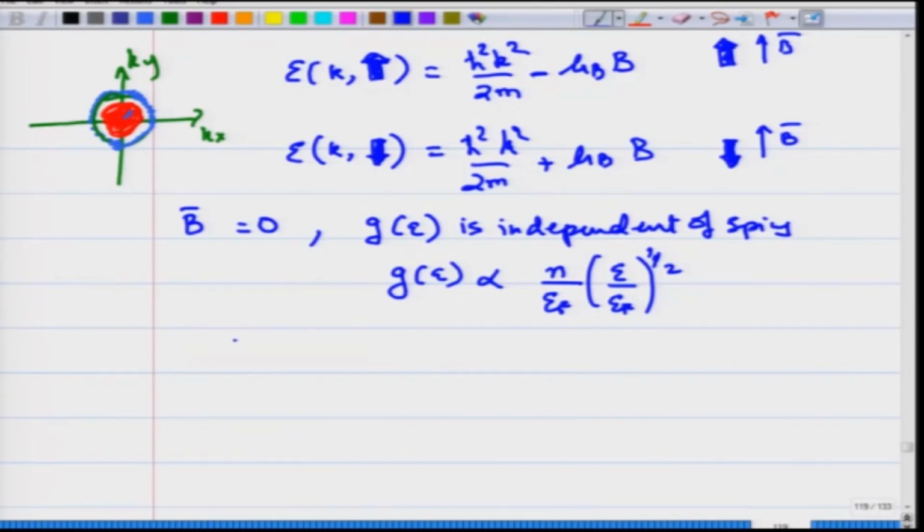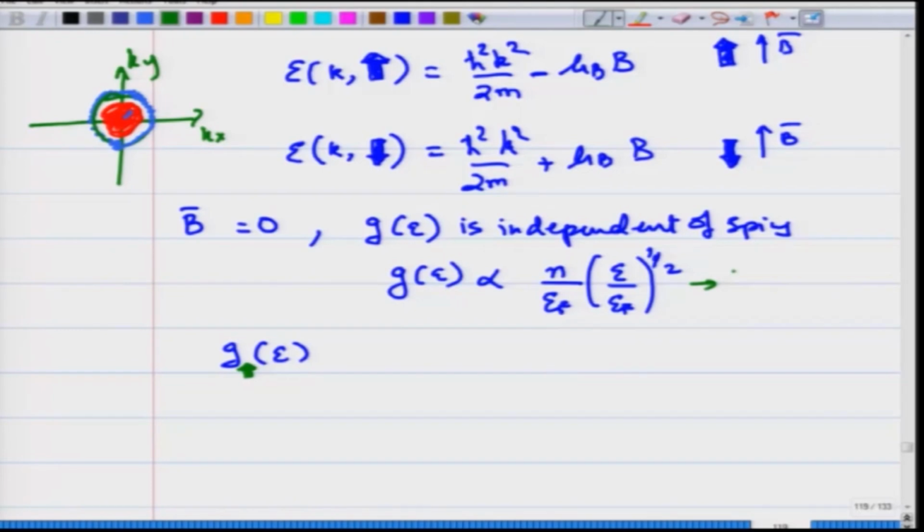So, you can consider that the density of states for moments in the up direction is identical, because each state is occupied by 2 electrons, one spin up and spin down, or magnetic moment up and magnetic moment down.